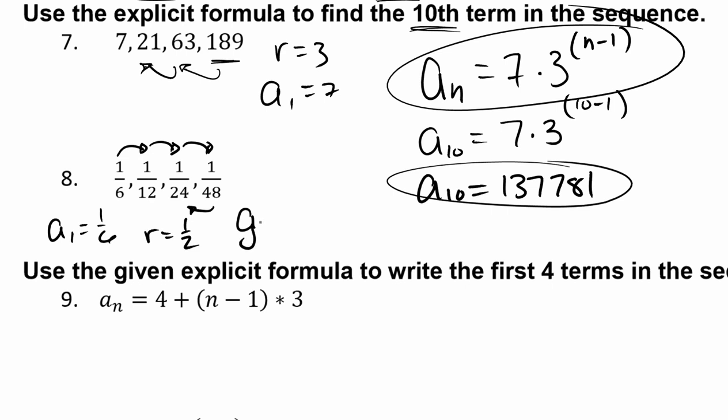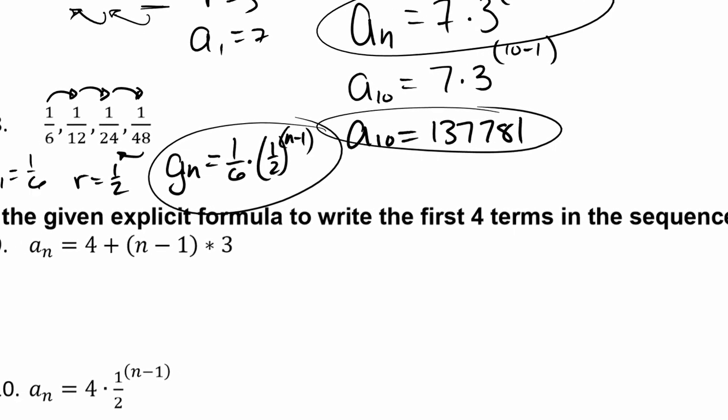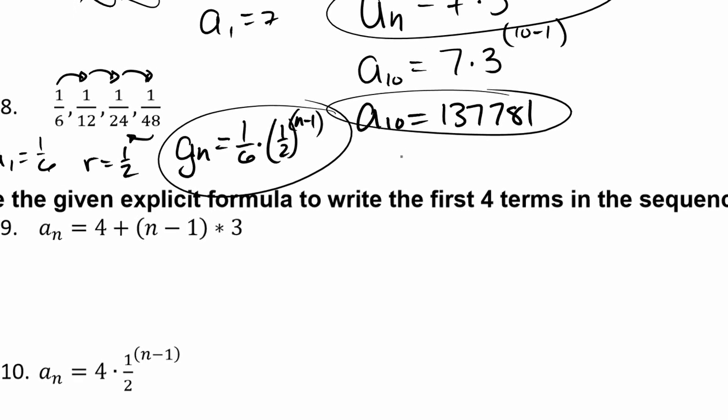The nth term of the geometric sequence is equal to the first term, 1/6 times, and I'm going to take 1/2 and raise that to the n minus 1 power. So there we go. That's the explicit rule that'll generate this sequence. Now let's see if we can find the 10th one in that sequence. So I'm looking at 1/6 times 1/2 raised to the 9th power if I do the subtraction first.